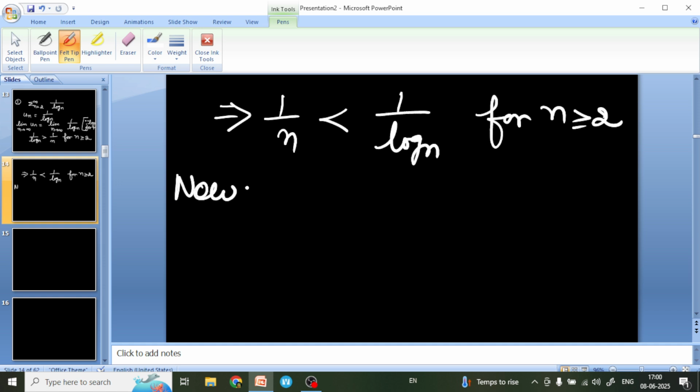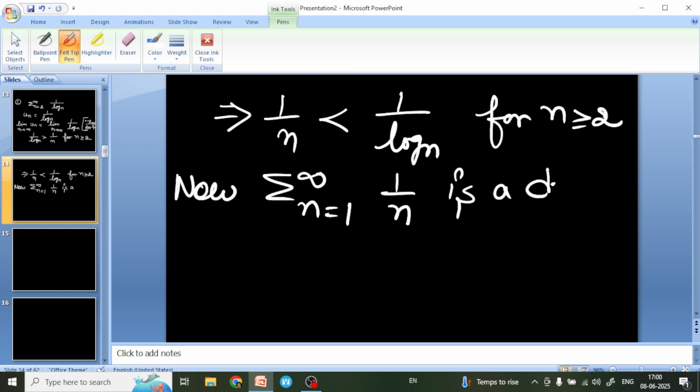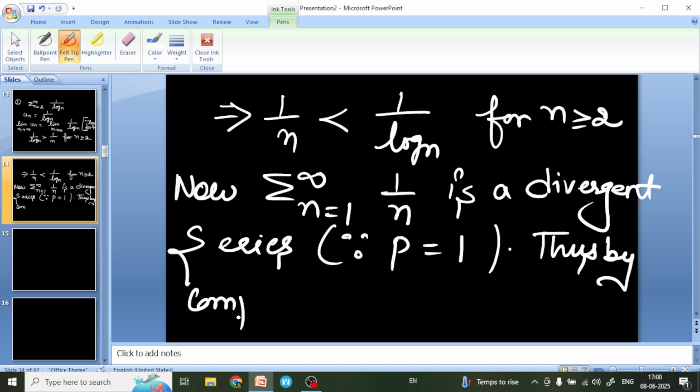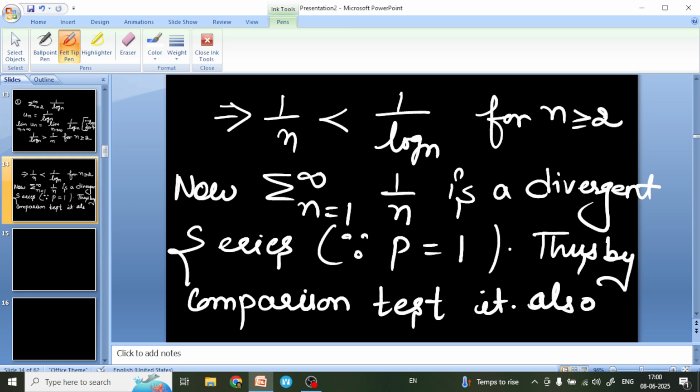Now sigma n equal to 1 to infinity, 1 by n is a divergent series because p is equal to 1, and thus by comparison test it is also divergent.